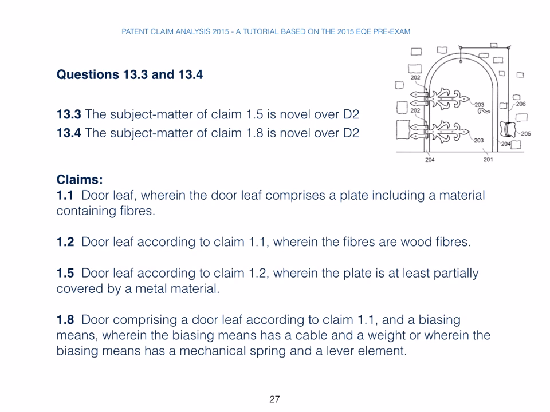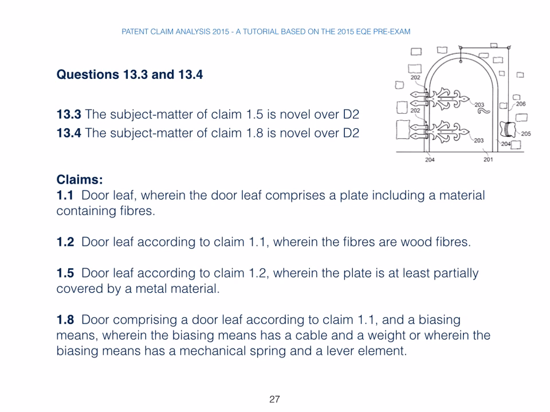For claim 1.8, for 13.4, claim 1.8 defines the biasing means, and it says alternatives. Claim 1.8 depends upon claim 1.1, which is the door with material containing fibers, and biasing means, wherein the biasing means has a cable and a weight, or wherein the biasing means has a mechanical spring and a lever element.